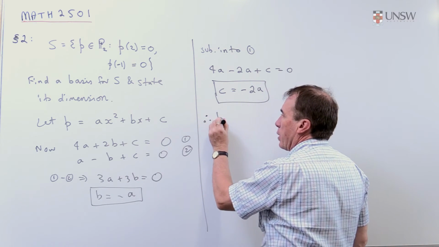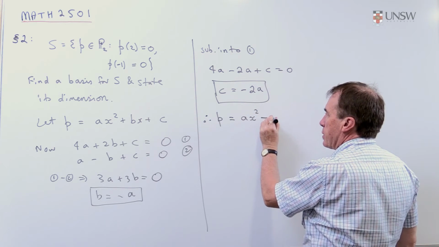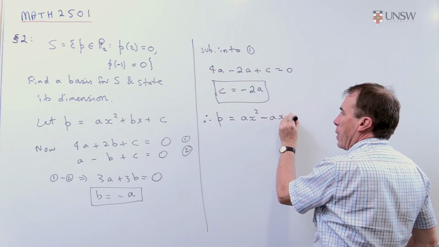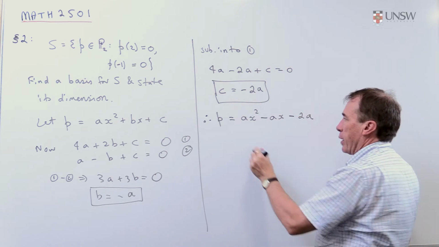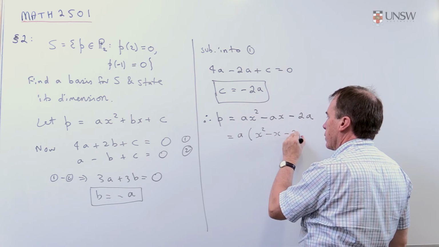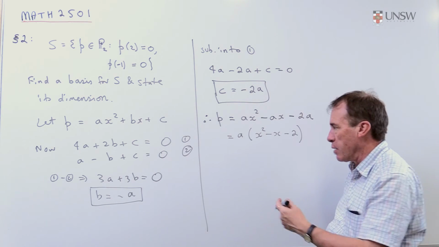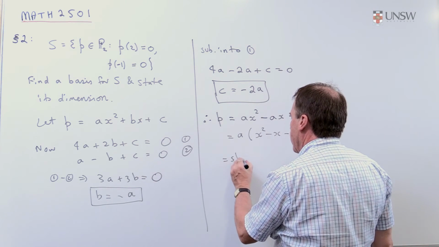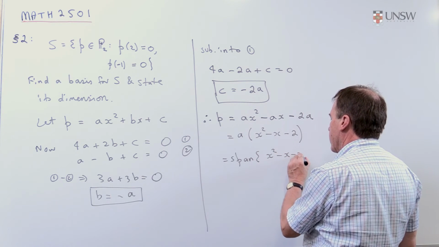So therefore my polynomial p looks like ax squared minus ax minus 2a. And I can factor out the a. Now think back into linear algebra. This is the span of the polynomial x squared minus x minus 2.